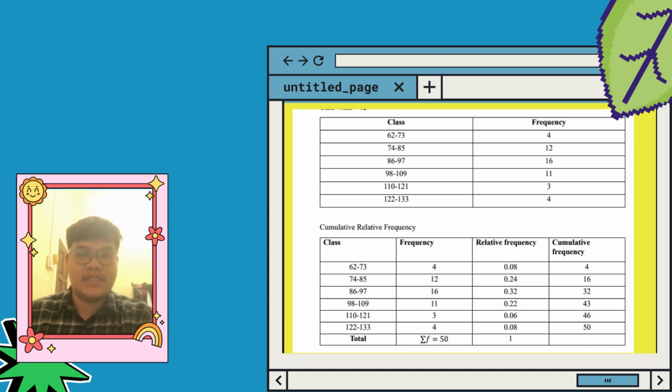The relative frequency has 7 classes, with the highest number being 0.32 and the lowest being 0.06. After that, the cumulative frequency is the number added from the previous result, starting with 4 and added with the frequency number, which sets it up to 50.